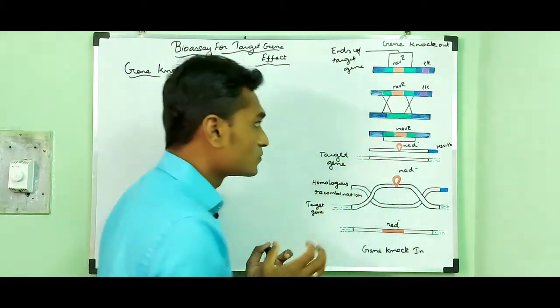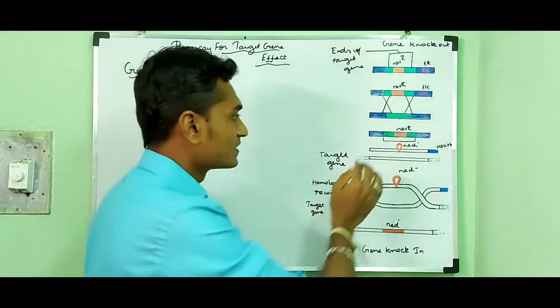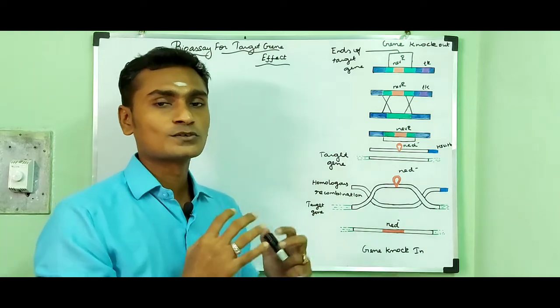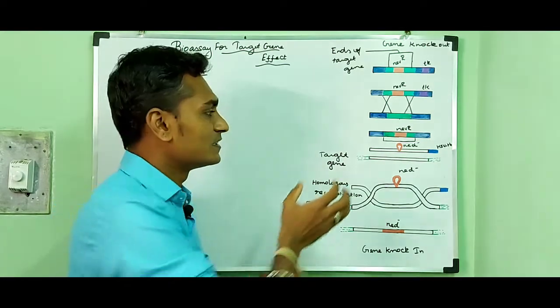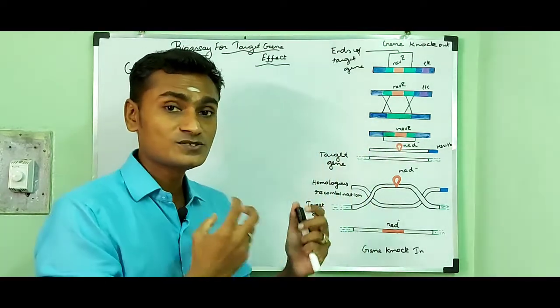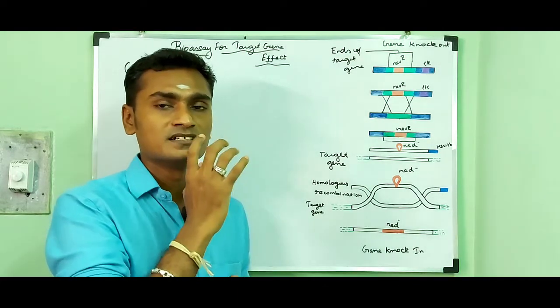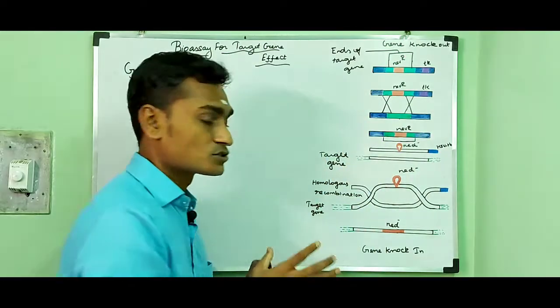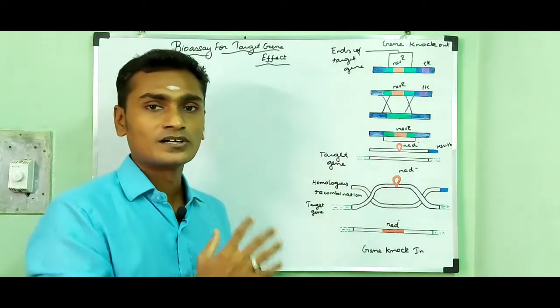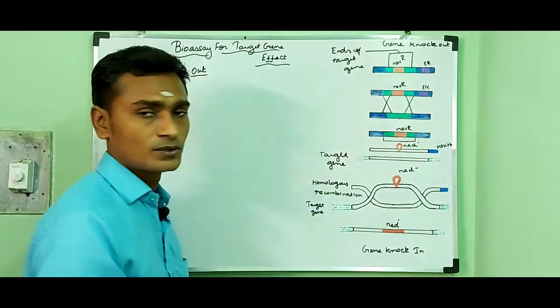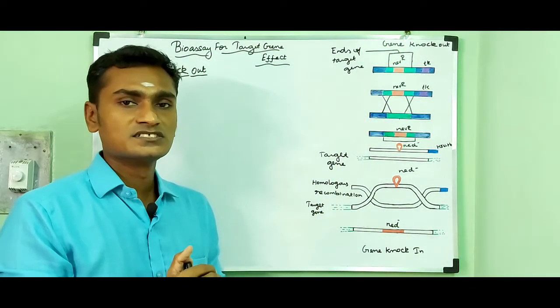So the target gene enters into the normal chromosome, resulting in the removal or exclusion of that particular gene from that chromosome, from that genome, from that organism. That process is called gene knockout.